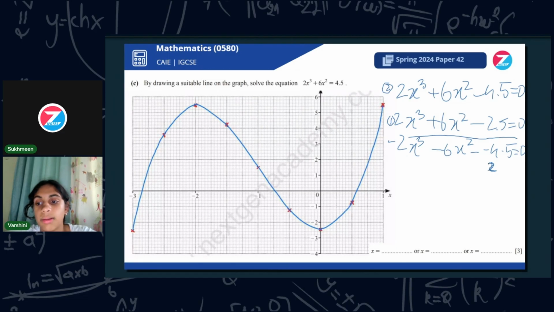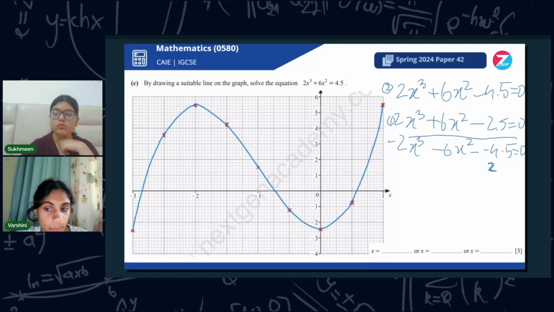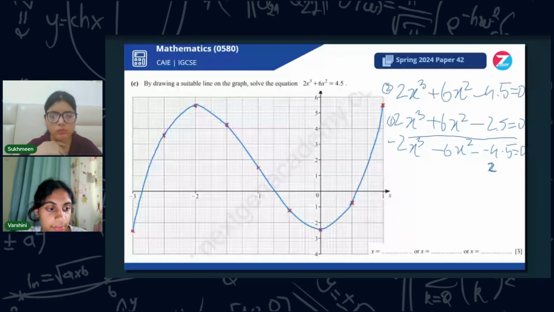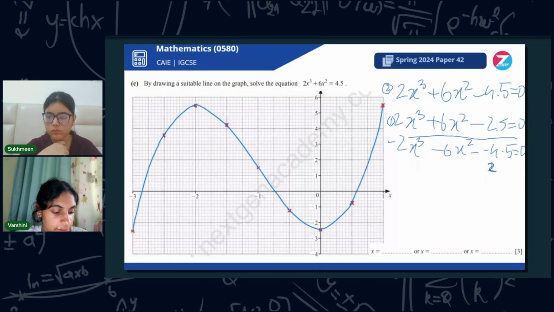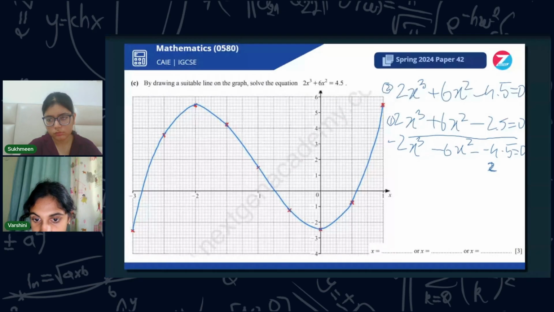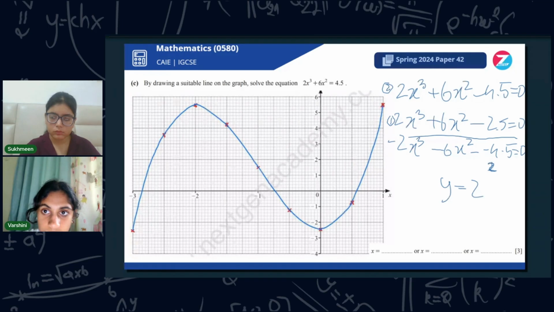So in a sense, you're just doing minus 2.5 plus 4.5, and that should give you 2. So now we know that our equation over here is y equals 2. Okay. So now that we have this, we just need to draw the line at y equals 2.